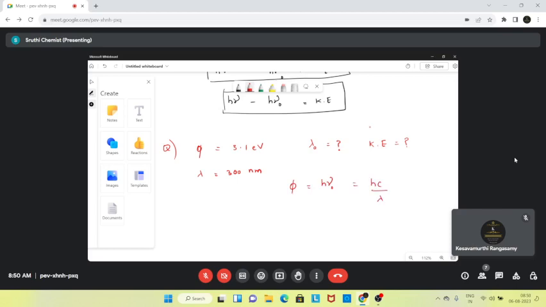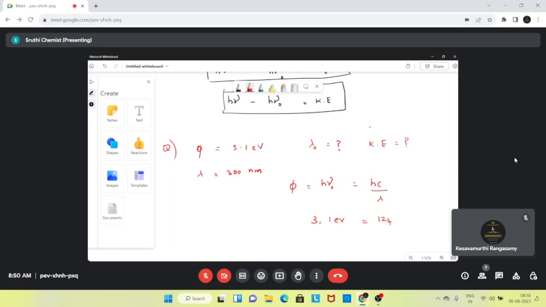The work function is given as 3.1 electron volt. So it is 3.1 electron volt and hc. What is our hc value? I told you previously. It's 12,400 electron volt angstrom.